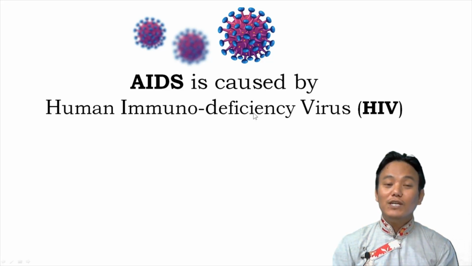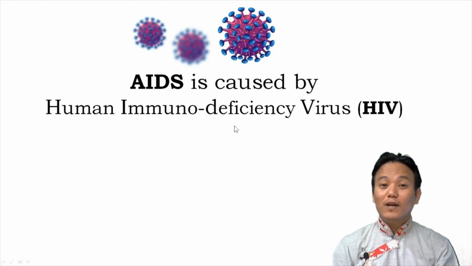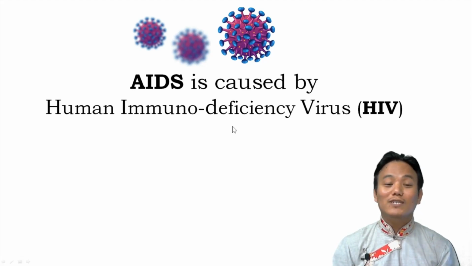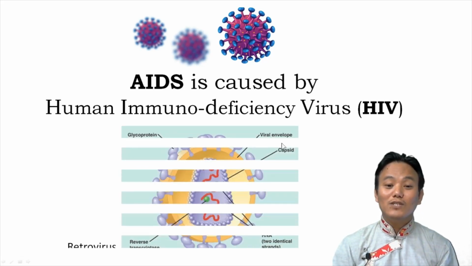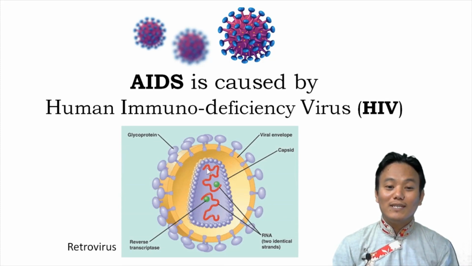HIV is a retrovirus. Retroviruses are those viruses in which the genetic material is RNA, not DNA. If you look at the structure of HIV, you can see these two red strands, which are single-stranded RNA molecules.